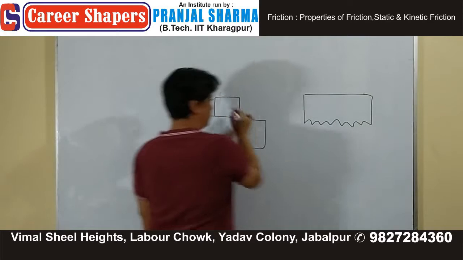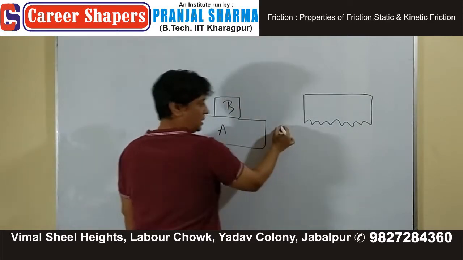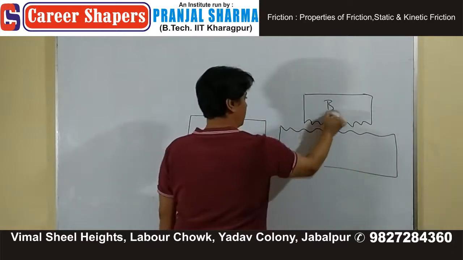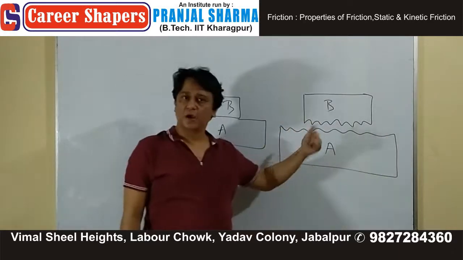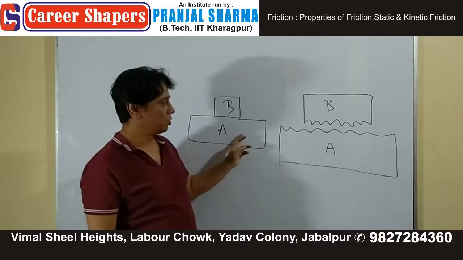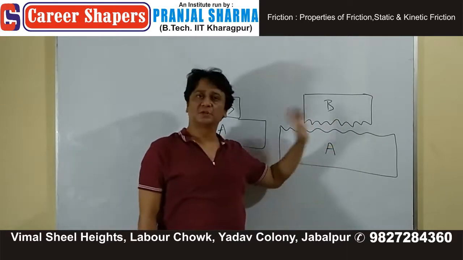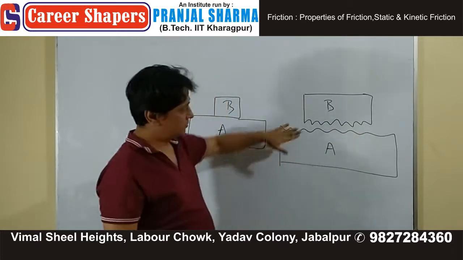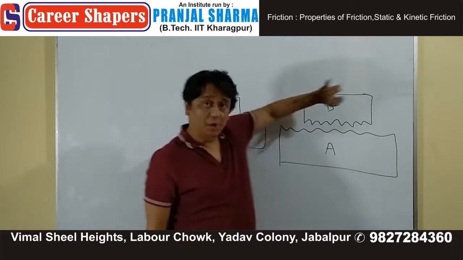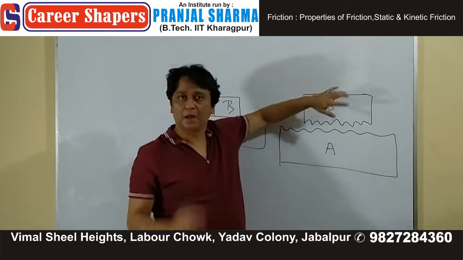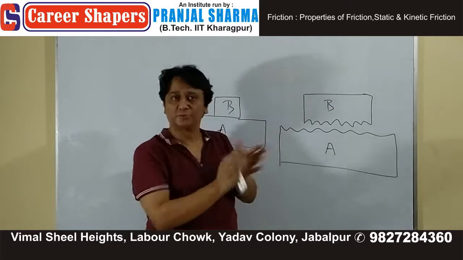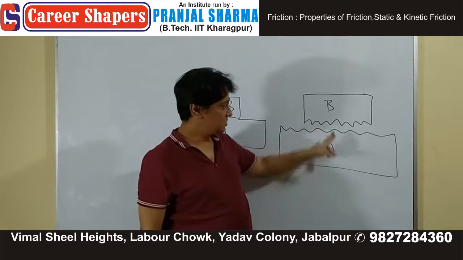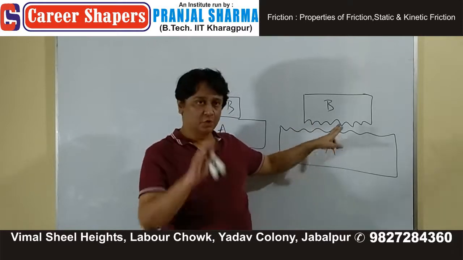This is body B, this is A, and similarly this is body B and A. So the argument is, what happens if you make the contact surfaces of two bodies very smooth? In normal condition, when you have smoothed them normally, even then the surfaces are like this. So what happens?